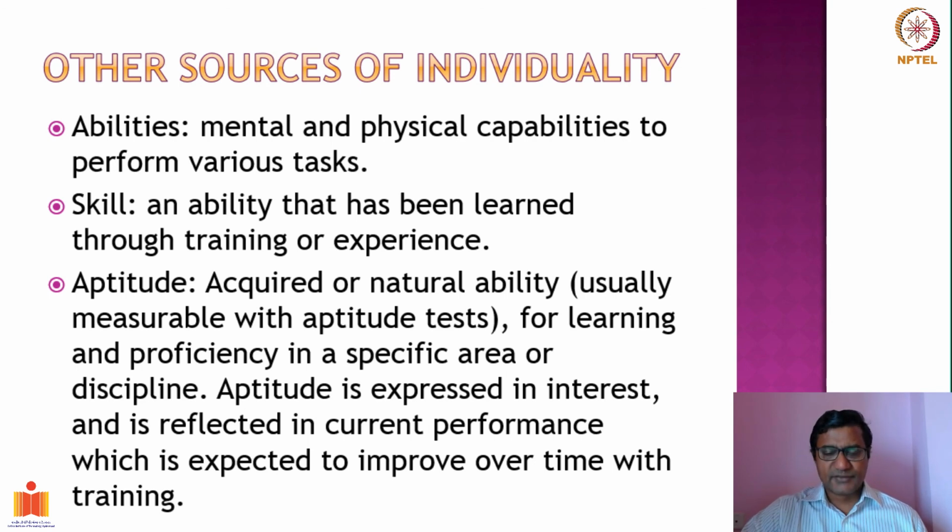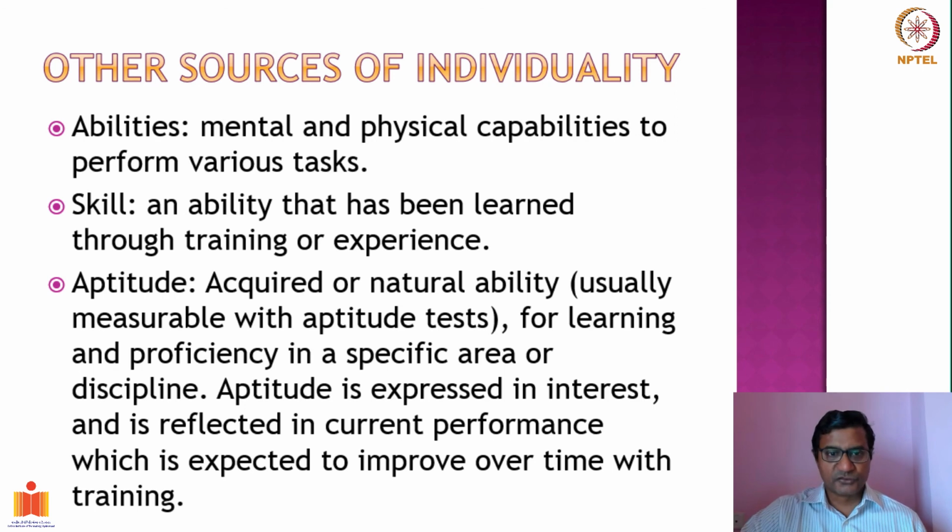So, quick summary: we looked at what is personality. We looked at different theories on personality, more specifically four theories: psychoanalytic theory, social learning theory, self theory, and trait and type theory. We also looked at other ways of defining personality qualities which are relevant in work context, like dogmatism, locus of control, authoritarianism, things like that.